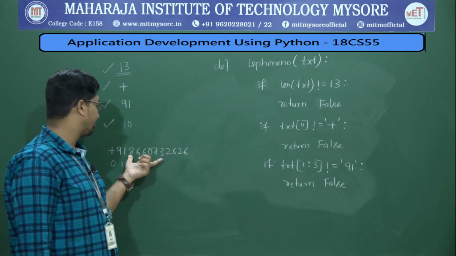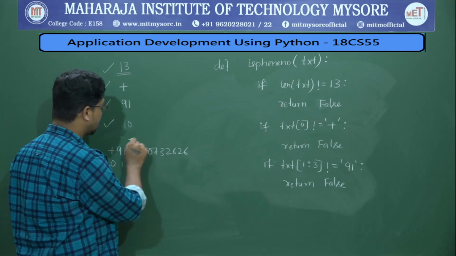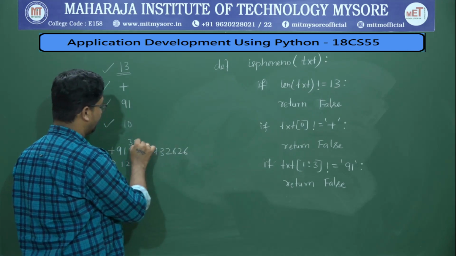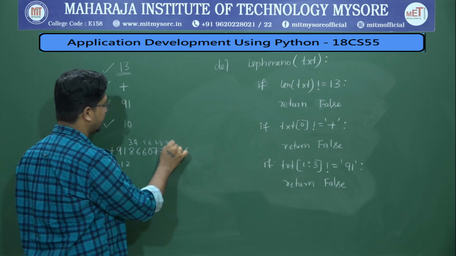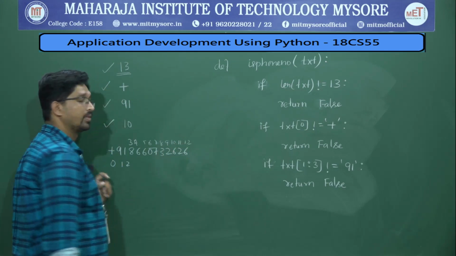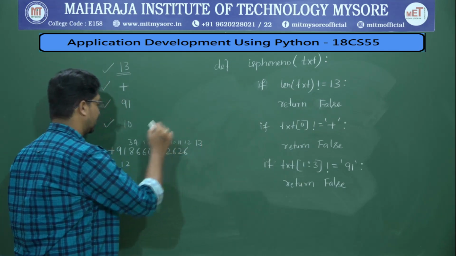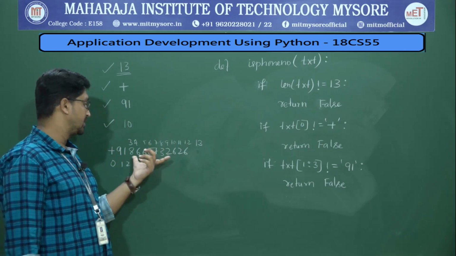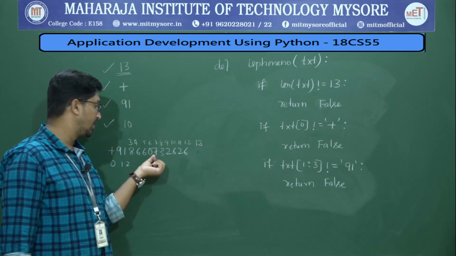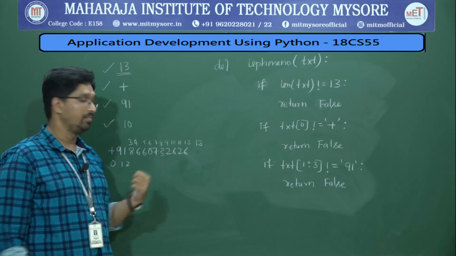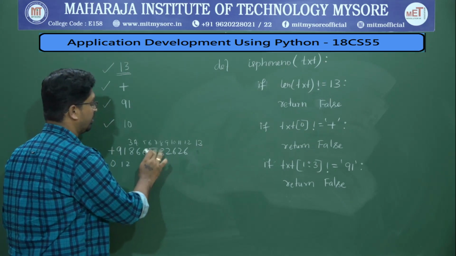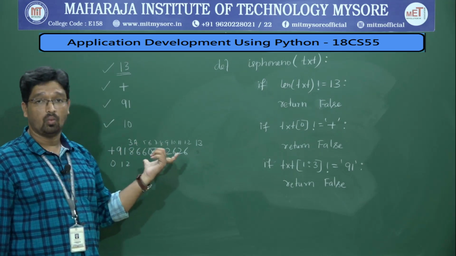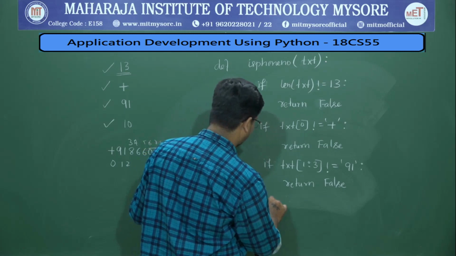Using that I can check whether from character 3 to all the other characters, 3 4 5 6 7 8 9 10 11 12, till 13, are decimal numbers. I should not have any dot, or any character in between. If you have any extra character, then it is not a phone number. It should be decimal values. For that I am writing one more if condition.